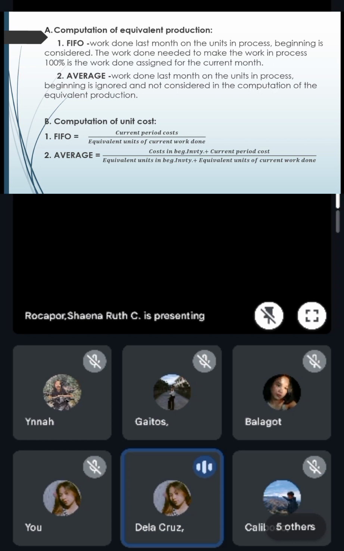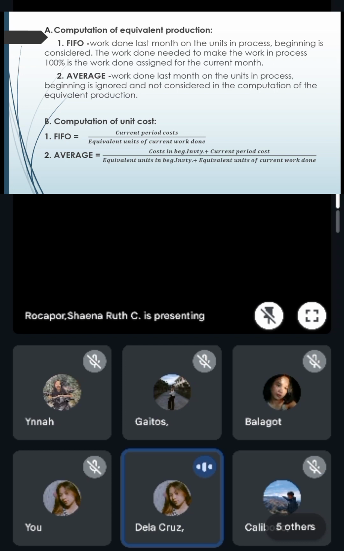Number 2, the formula of average: average equals cost in beginning inventory plus current period cost over equivalent units in beginning inventory plus equivalent units of current work done. Cost in beginning inventory refers to the expenses associated with the units of work in progress or partially completed products from the previous accounting period.